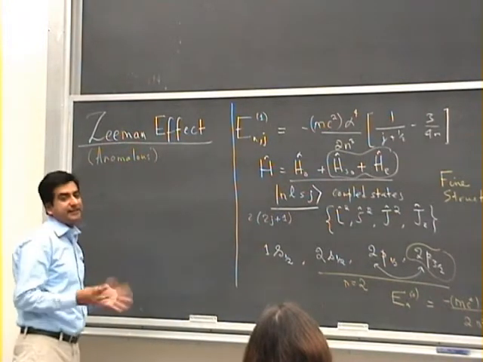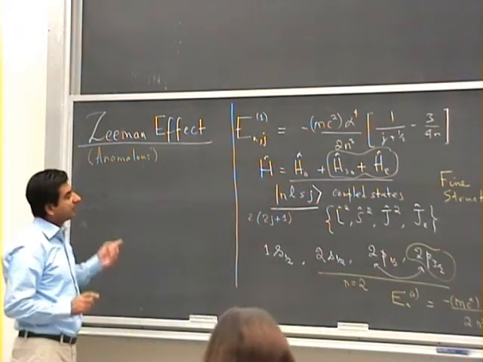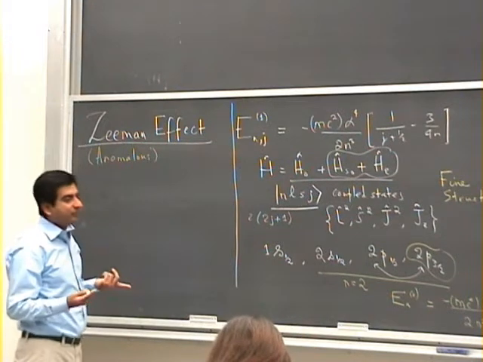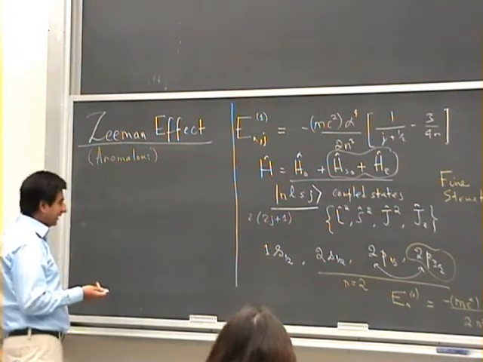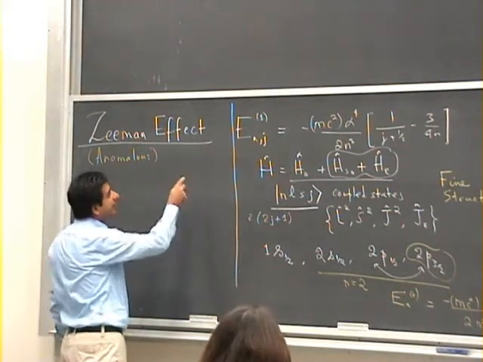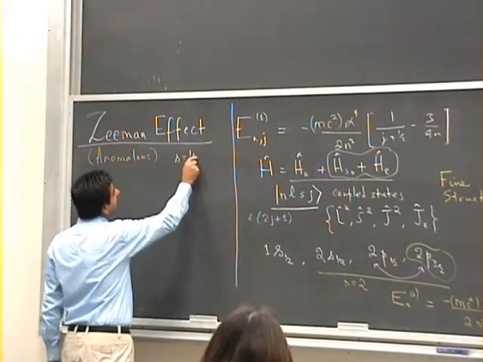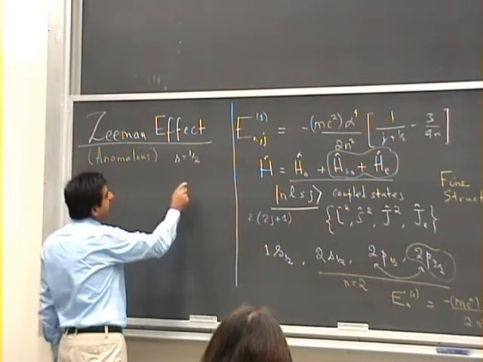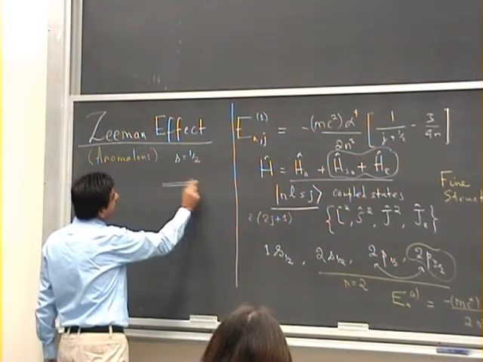Now how do we lift this degeneracy? We apply a magnetic field. It's common knowledge that if I have, say, a single isolated electron with a spin s half, there will be 2 energy levels within this.